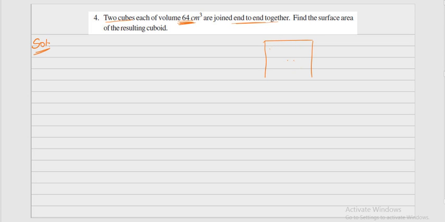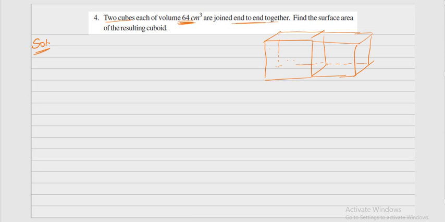There is a cube. This is nothing but a cube, right? To this cube, one more cube is attached. If you extend this in the same way, then we are going to get one more cube. So there are two cubes which are attached one on the other, end to end, right?